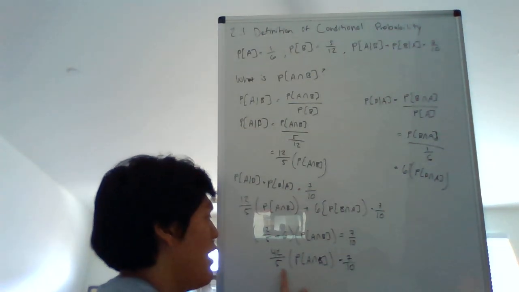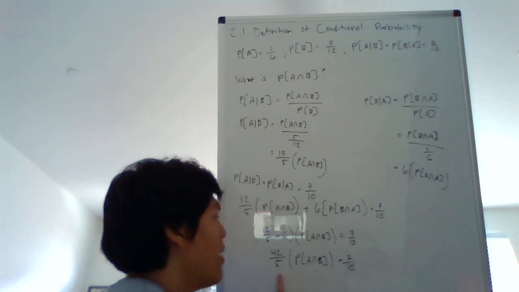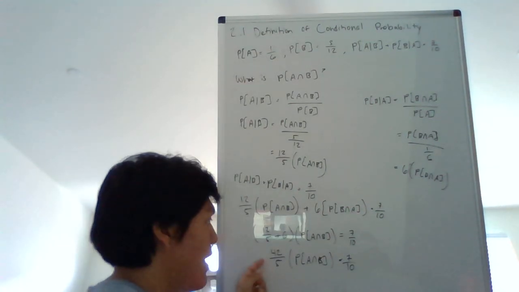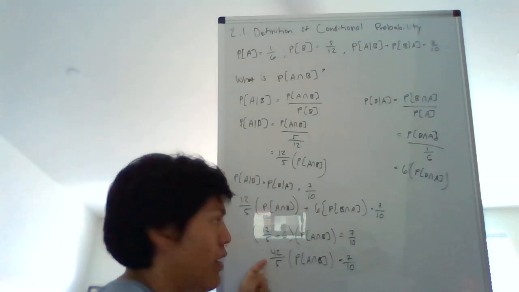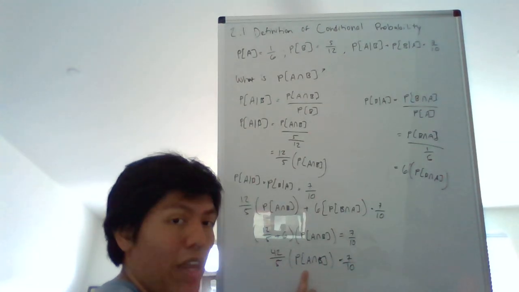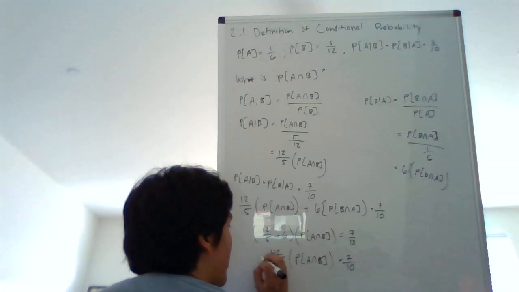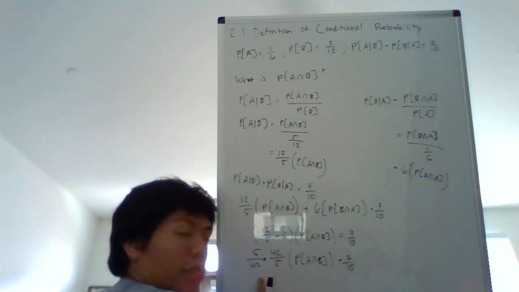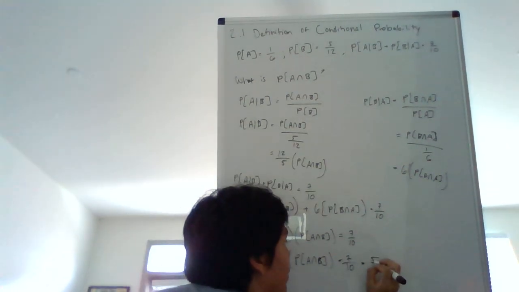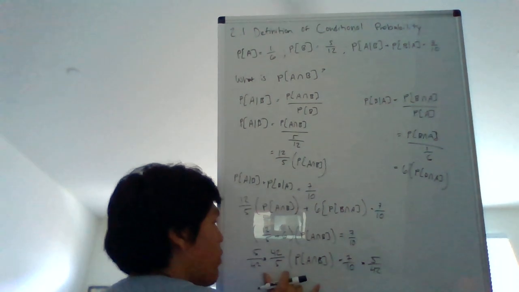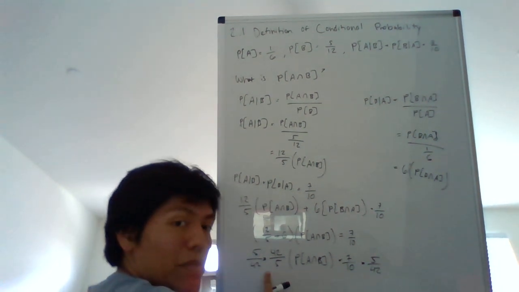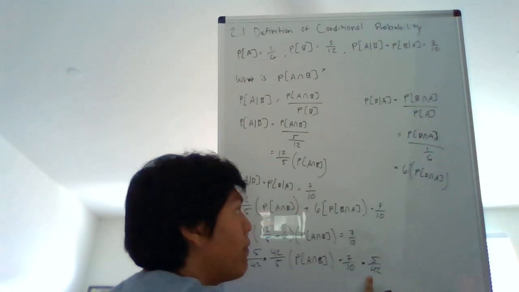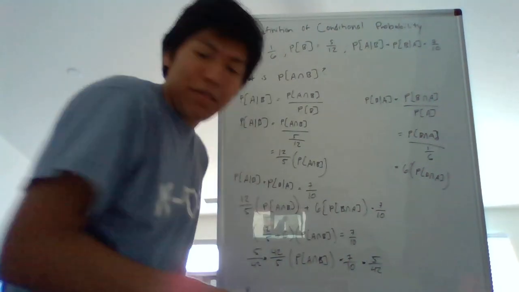All right. Now what we can do is multiply both sides by 5 over 42 in order to get rid of this 42 over 5 here, because we're trying to solve for the probability of A intersect B. Remember, we multiply by the reciprocal to get rid of it. So 5 over 42 on this side and 5 over 42 on this side.